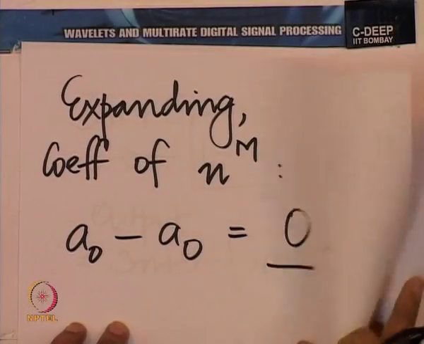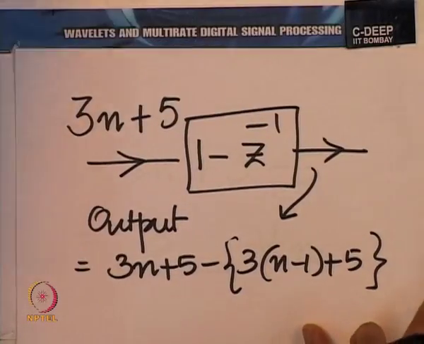So, now we have just proved a simple lemma. Each instance of 1 minus z inverse brings the polynomial degree down by 1. So, in other words, in a certain sense, the more 1 minus z inverse terms you have, and by the way, we will soon see these terms are going to be on the high pass branch, not on the low pass branch.